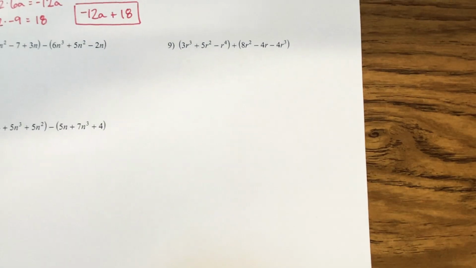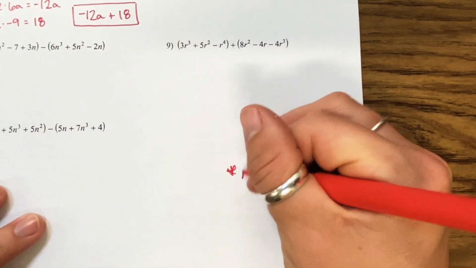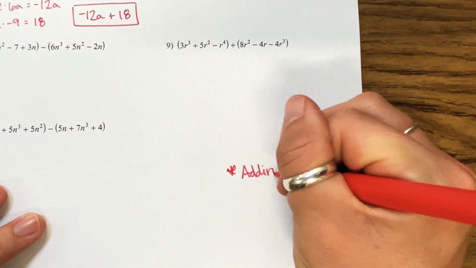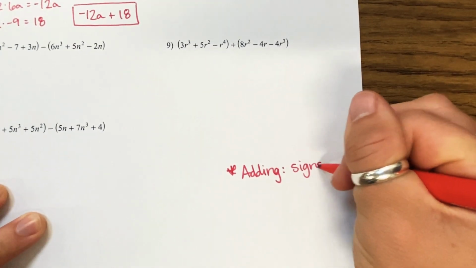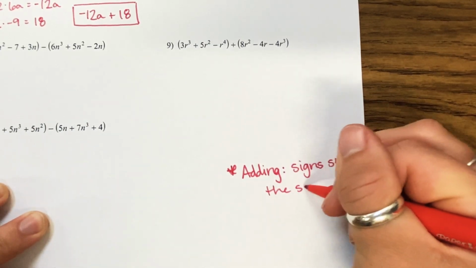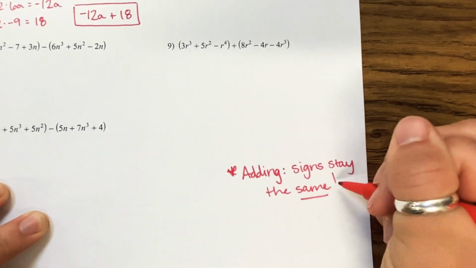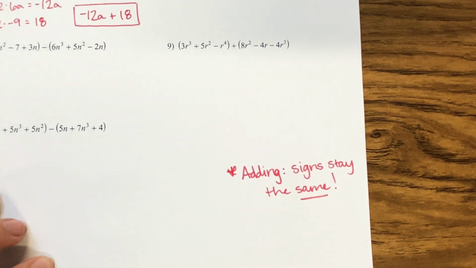Okay, so on the bottom of your paper, come here below 9. I'll zoom out so you can see where I'm writing. Let's make this note on our paper. When we are adding them, signs stay the same. I'll explain this a little more in a second.